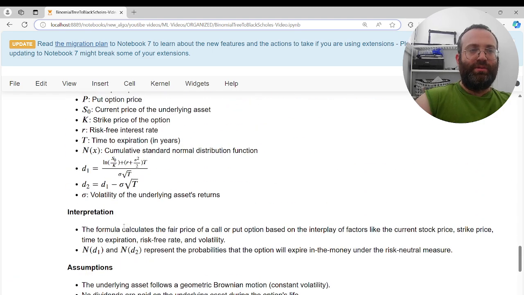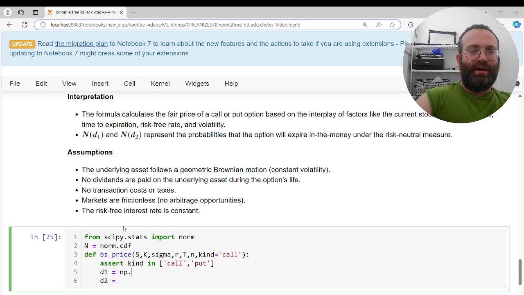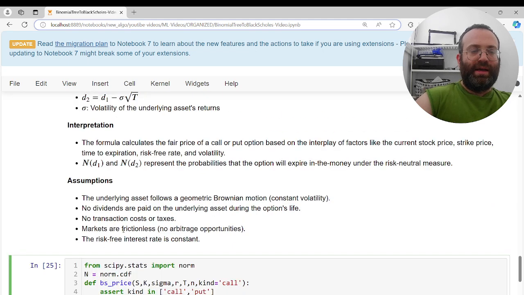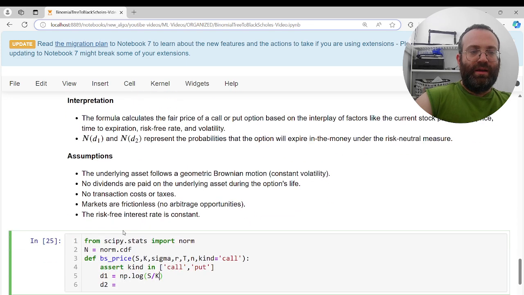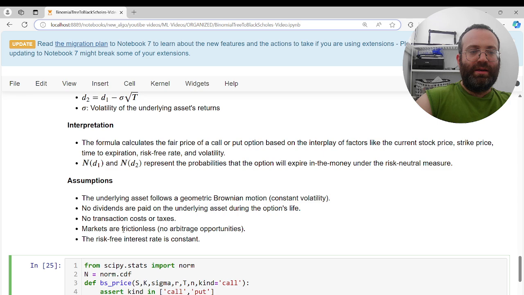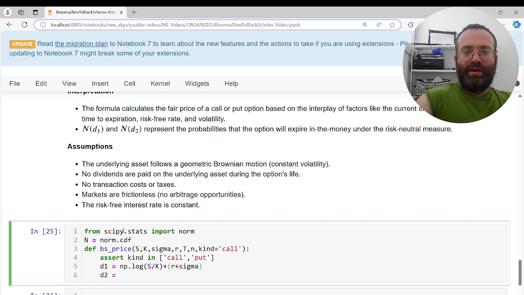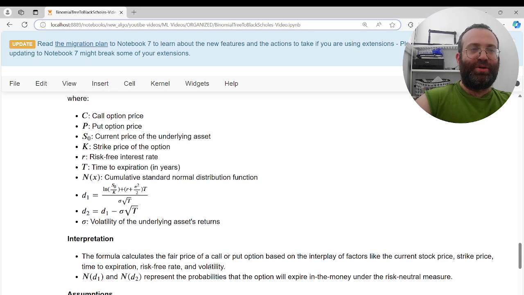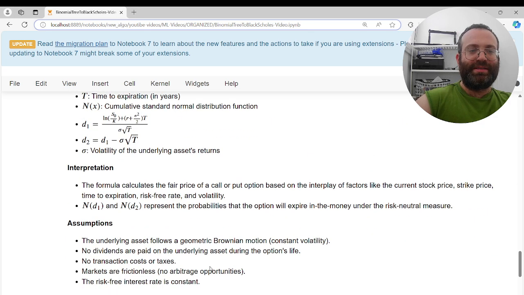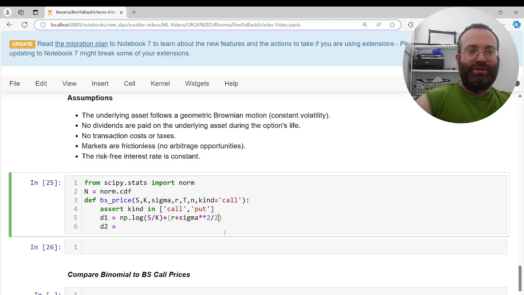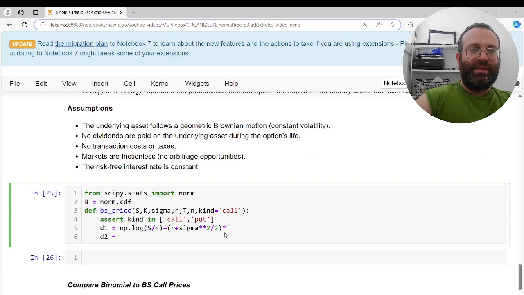So what's d1? d1 is np.log of S over K plus r plus sigma squared over 2 times time to expiry T. I hope I got that right.